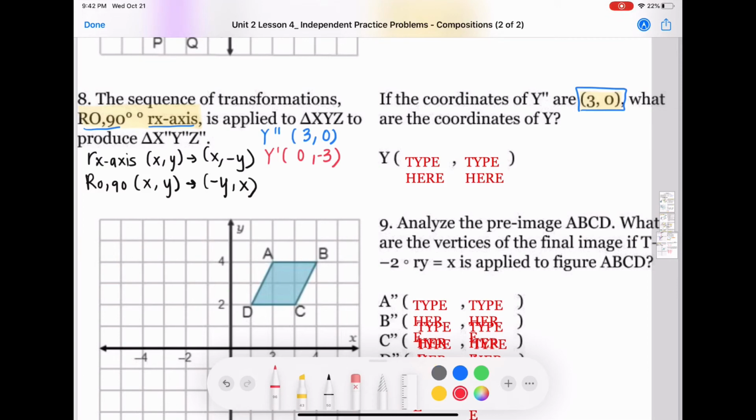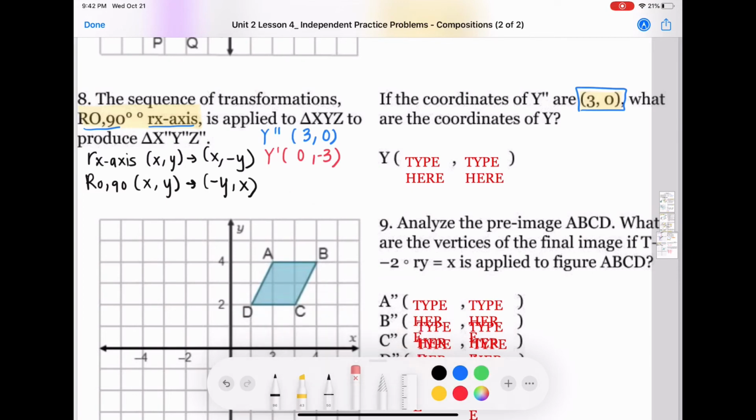We can double check that by saying, if this is our original coordinates and we applied that rotation rule, then we would switch the x and y and then negate the y. And so we did, in fact, reverse that.